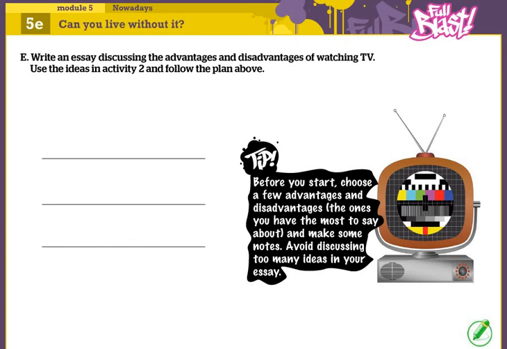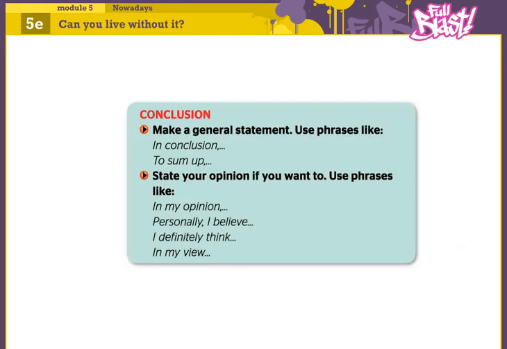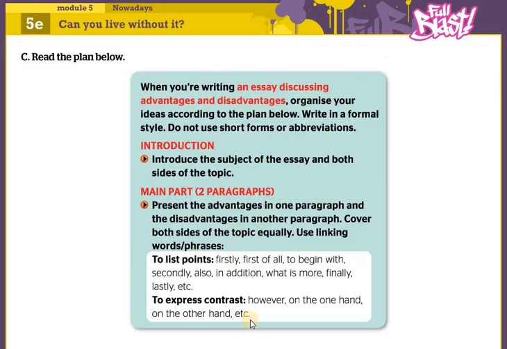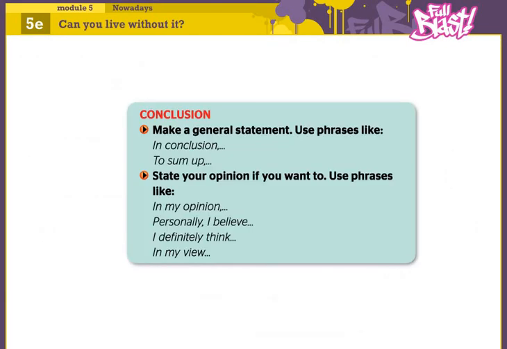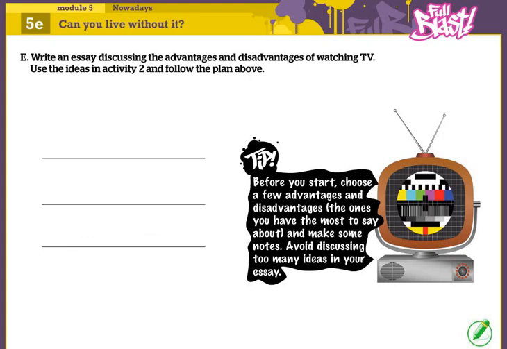So as we saw in both this plan and this sample of writing, try to write an essay of four paragraphs: introduction, two paragraphs of the body and one paragraph of conclusion, so that you discuss the disadvantages and advantages of watching TV, right?